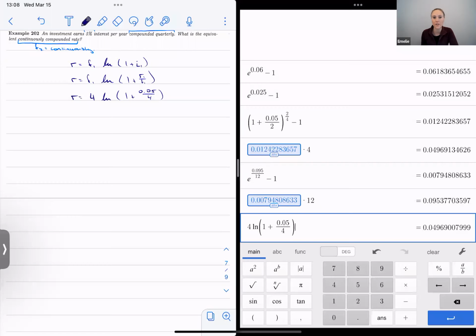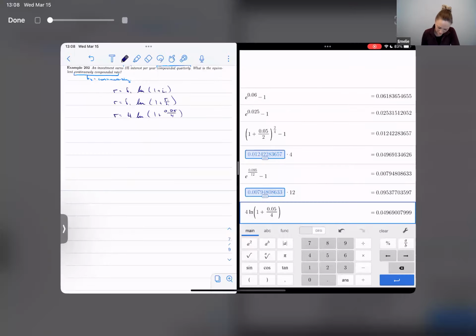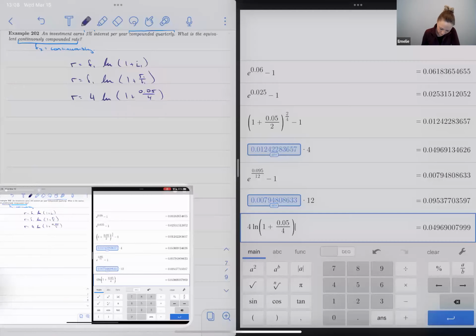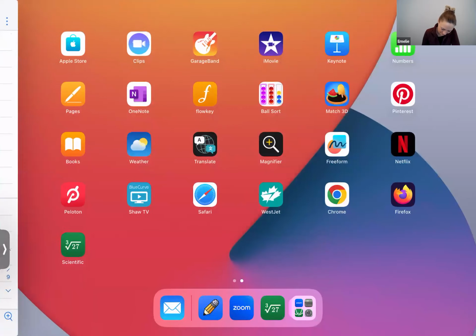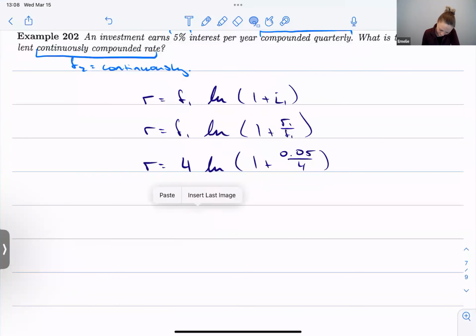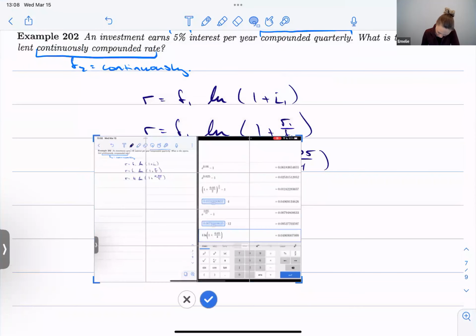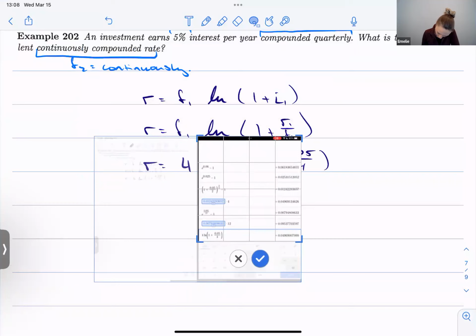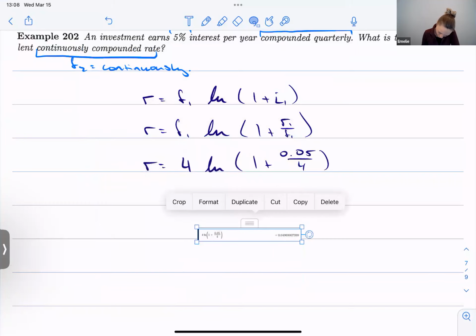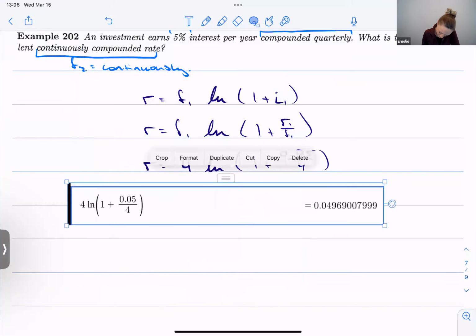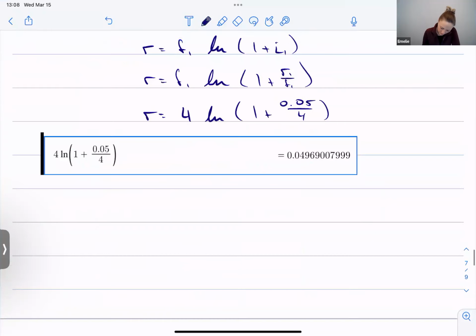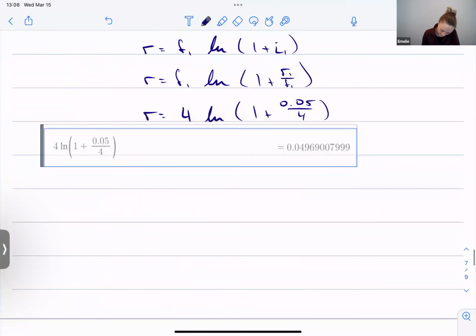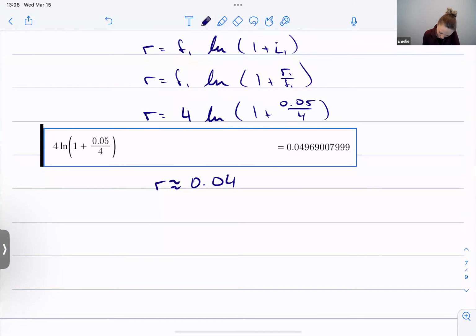Make sure that fraction's behaving like we want it to. So then I get an R of 0.04969.